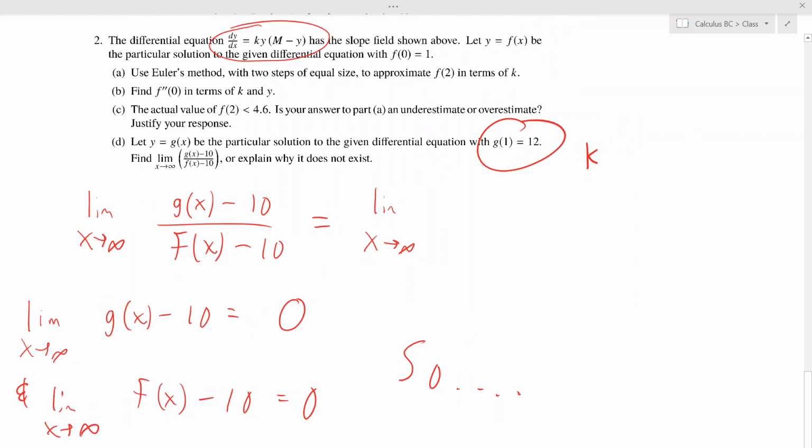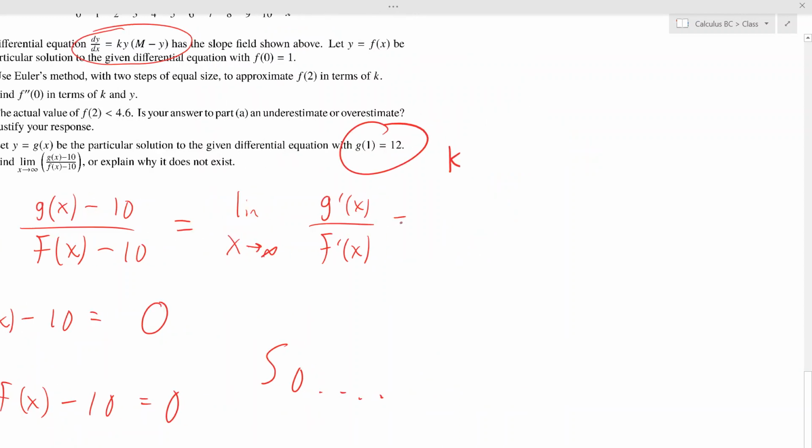Whatever. So when you derive that, you're going to get g prime of x over f prime of x, right? However, we happen to know that g prime and f prime are both k y times 10 minus y.